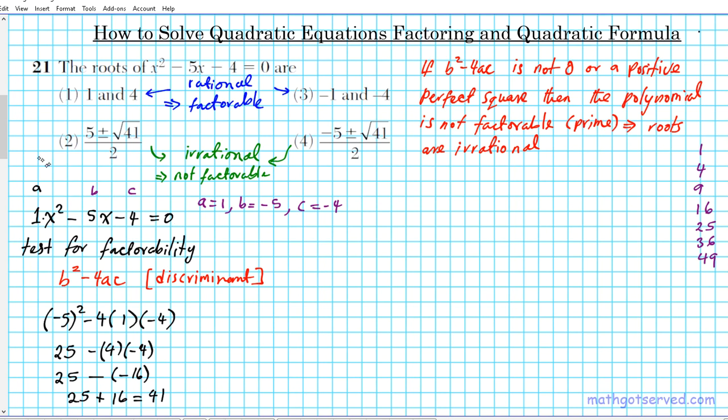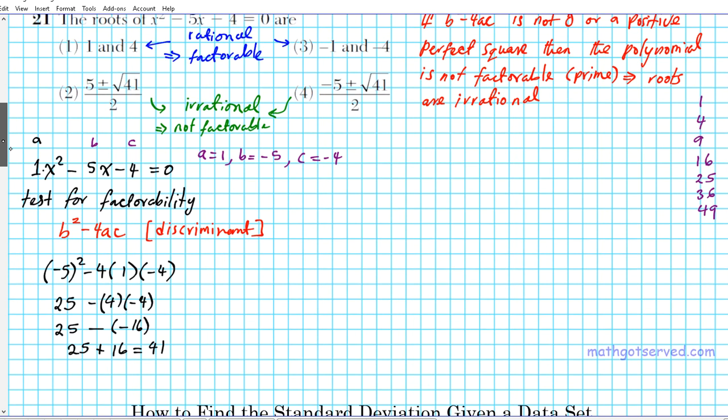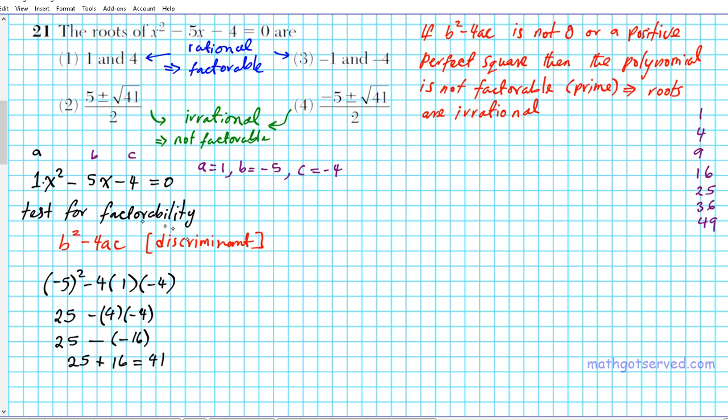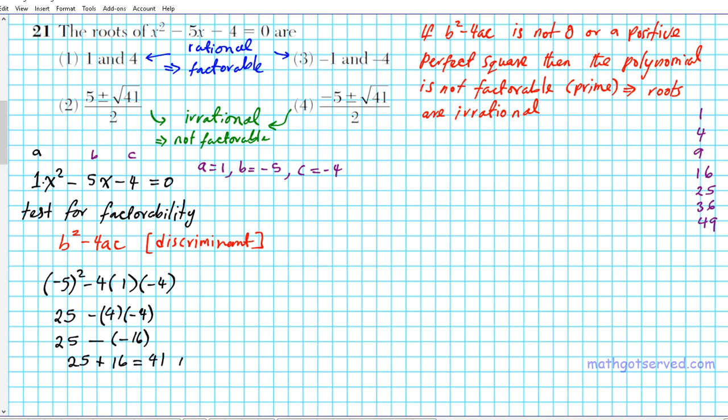So what does that tell us? If the discriminant, or b squared minus 4ac, is not a perfect square, then that means that the polynomial cannot be factored. So 41 is not a perfect square, which means the polynomial cannot be factored.